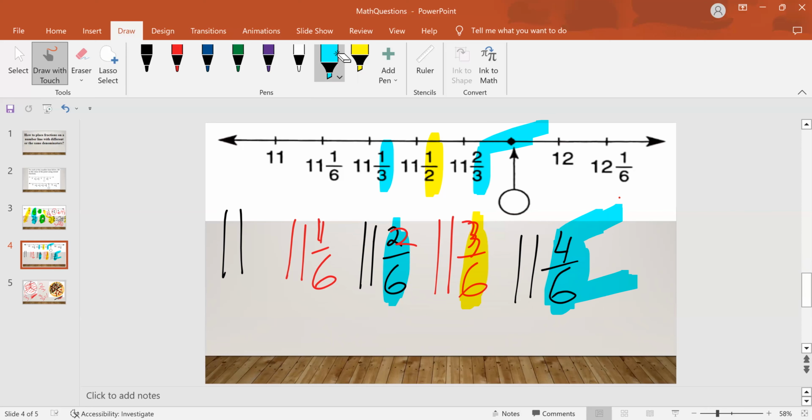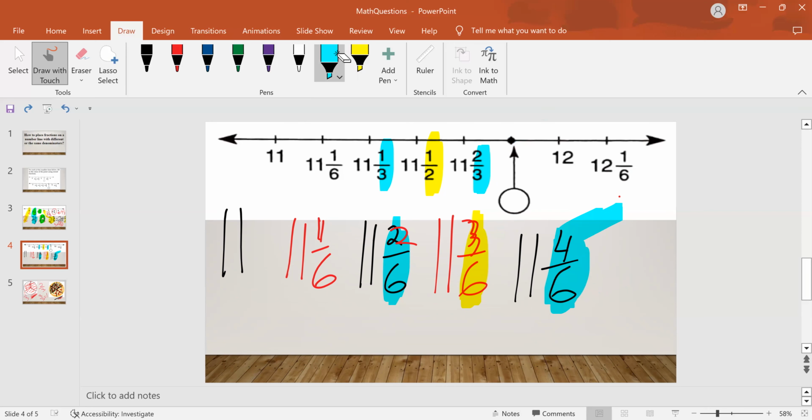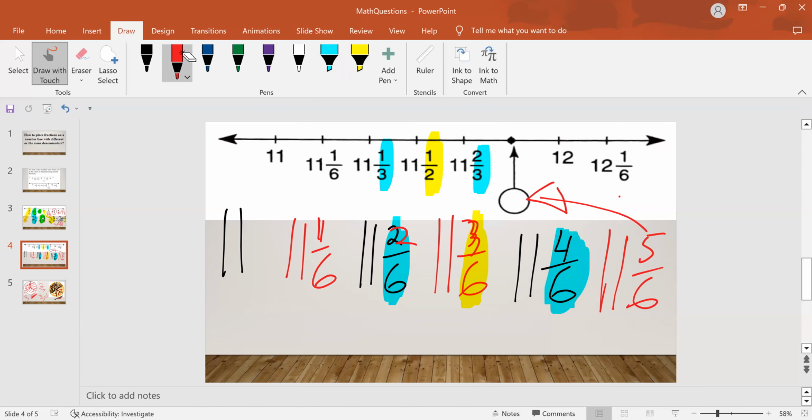We divide the 6 by 2, that gives you 3. So I hope you see the pattern, and what the missing number is going to be. That missing number here, we're going to have 11 and 5 over 6. That will be this one here. So 11 and 5 over 6.